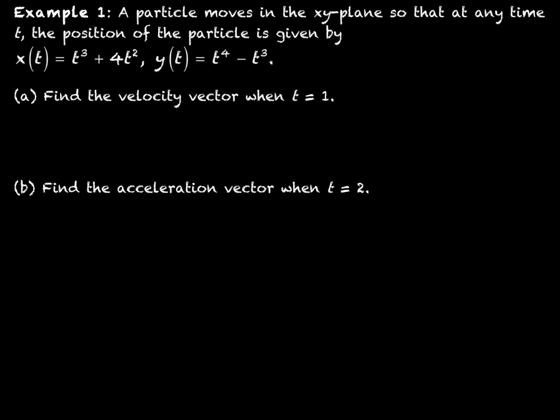Okay, we are given the position of the particle at any time t. We are able to figure out the x and y coordinates of this particle moving. And so what we want to do is find the velocity vector when t is equal to 1.